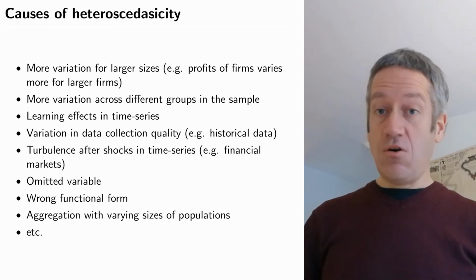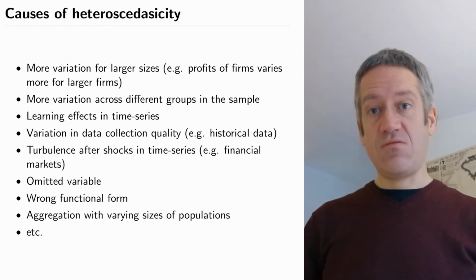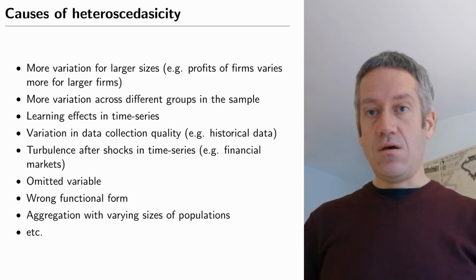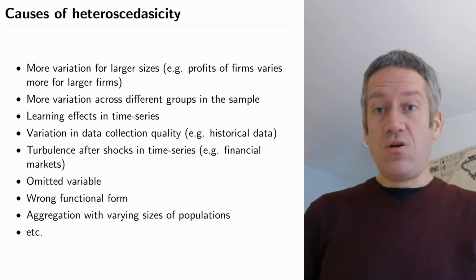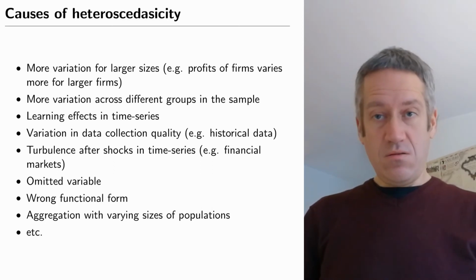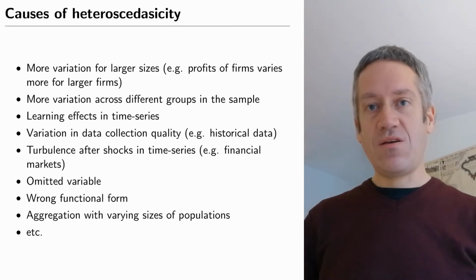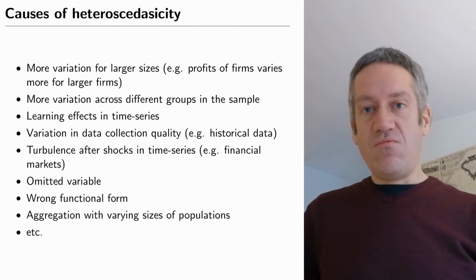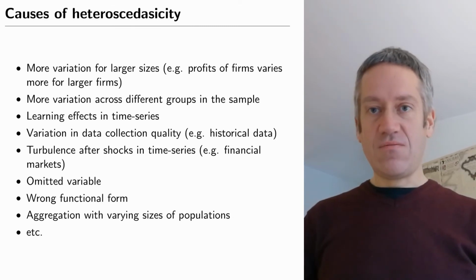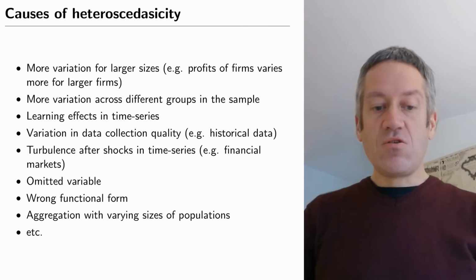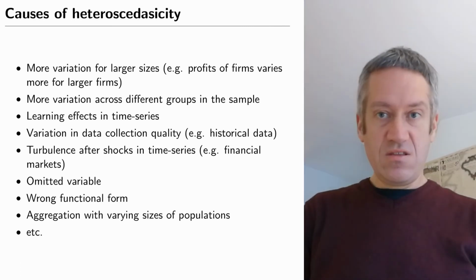If I look at data over time, maybe there's a learning effect and there are greater shocks at the beginning and then smaller shocks at the end. Or maybe a big shock leads to a chain of shocks, so that a shock at one time can reverberate for a while and lead to additional shocks. So there are all kinds of reasons why heteroskedasticity might occur.